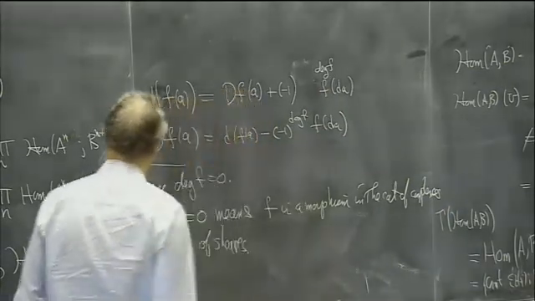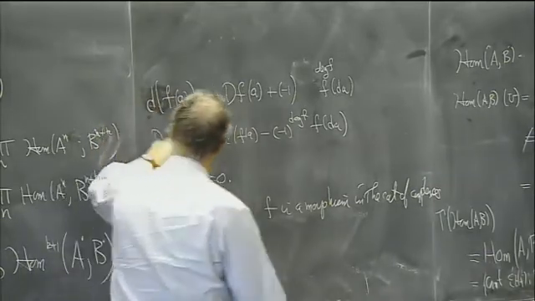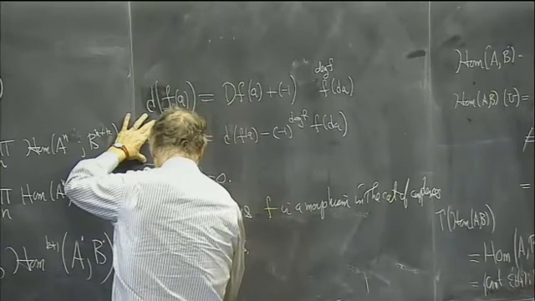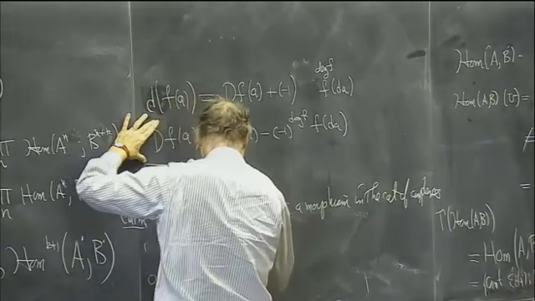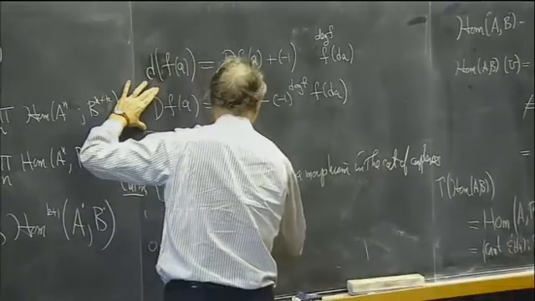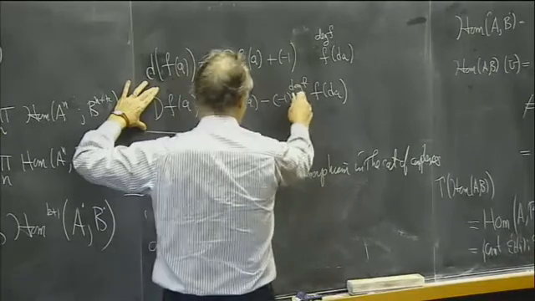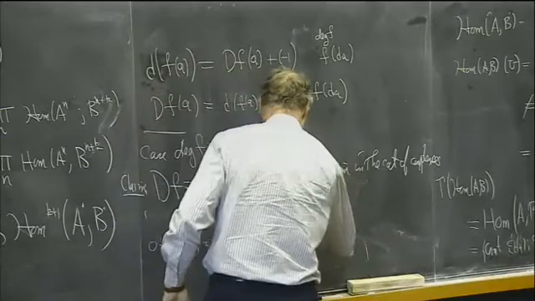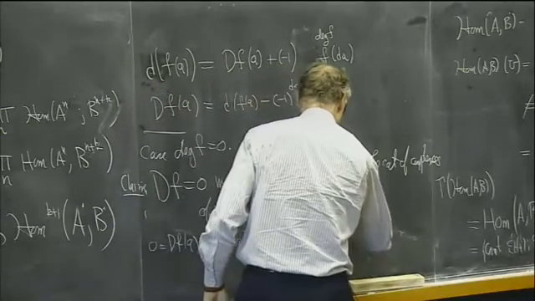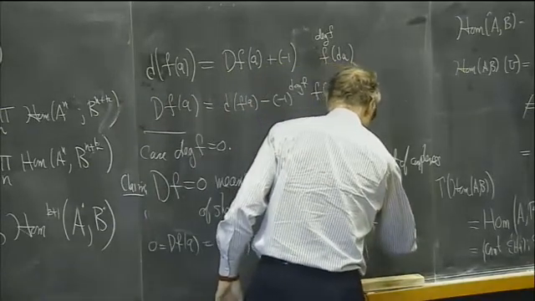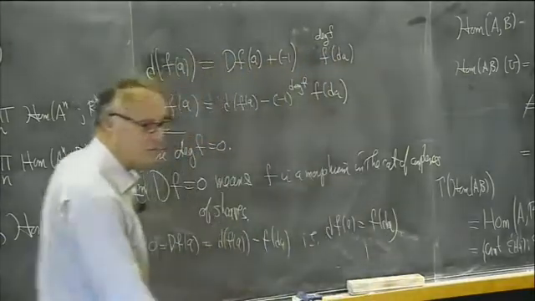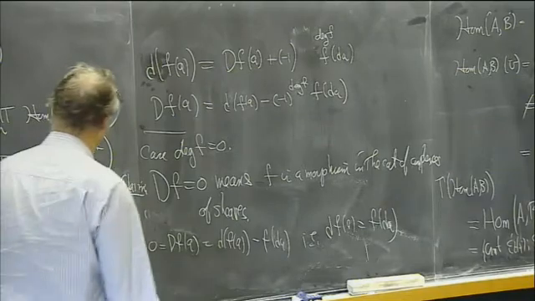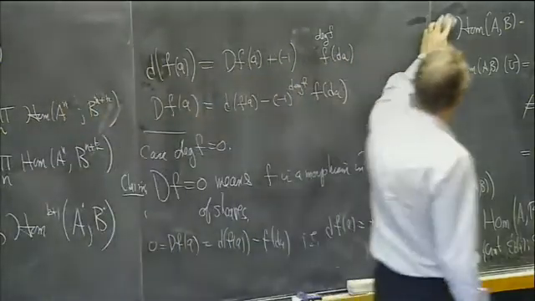Because what does the formula say in this case? df equals 0, so df A equals 0 is d of f of A minus, degree of f is 0, f of dA, i.e. d of f of A is f of dA. F commutes with the differentials.